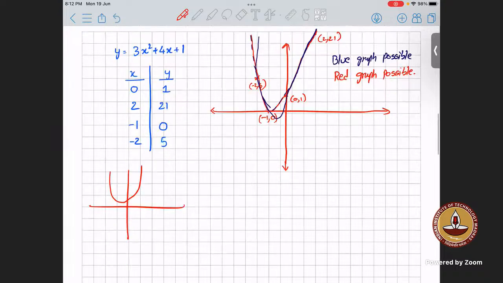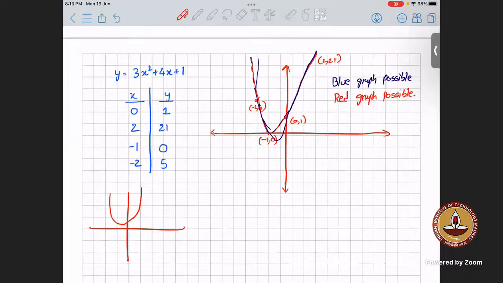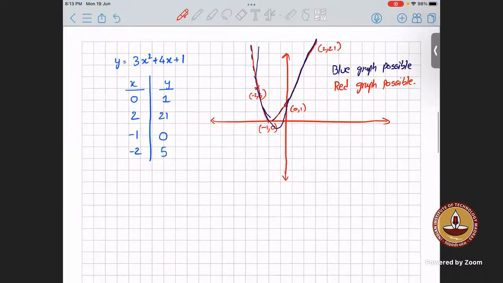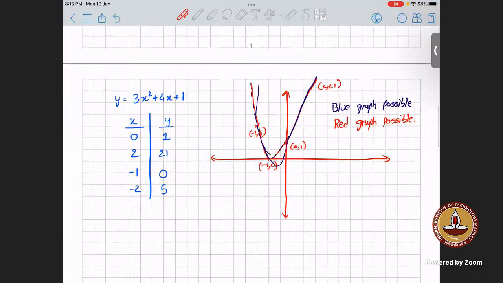But what is the function definition? According to the definition of a function, there must be only one possible graph for a function. You can't have these two.